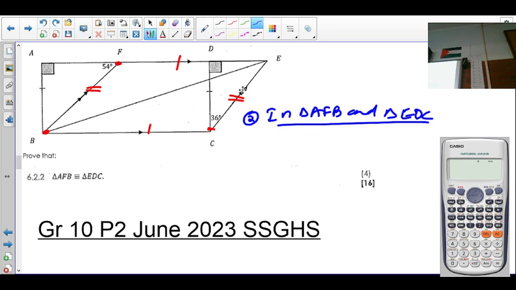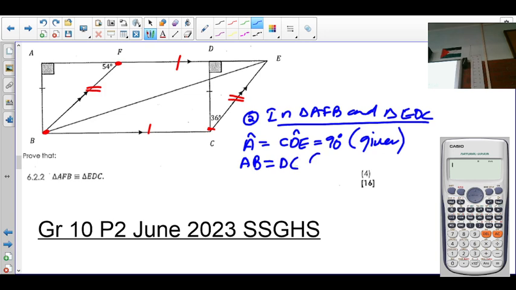But anyway, so we're going to say that angle A is equal to angle CDE, is equal to 90. Why? Given. Then AB, sorry, is equal to DC. Why? Given. Then BF is equal to CE. Why? Proven.